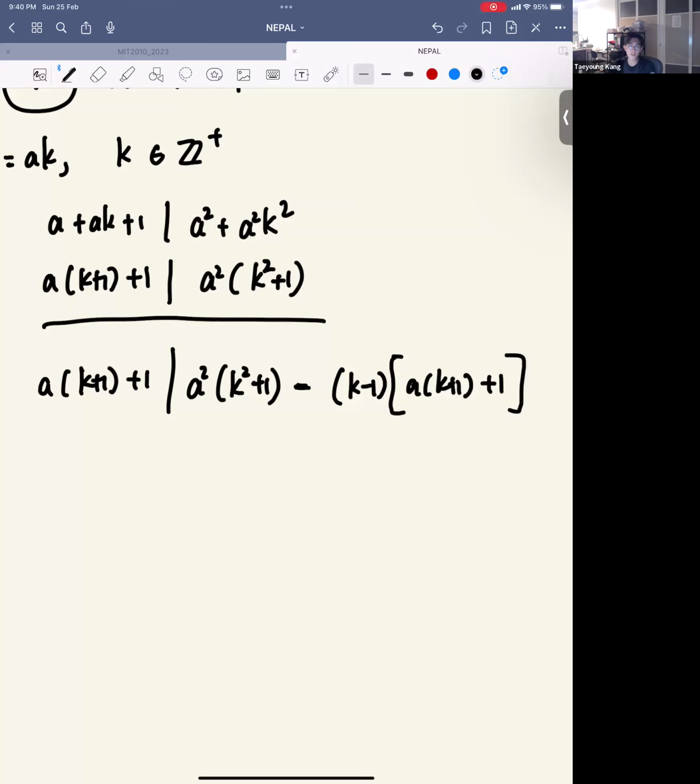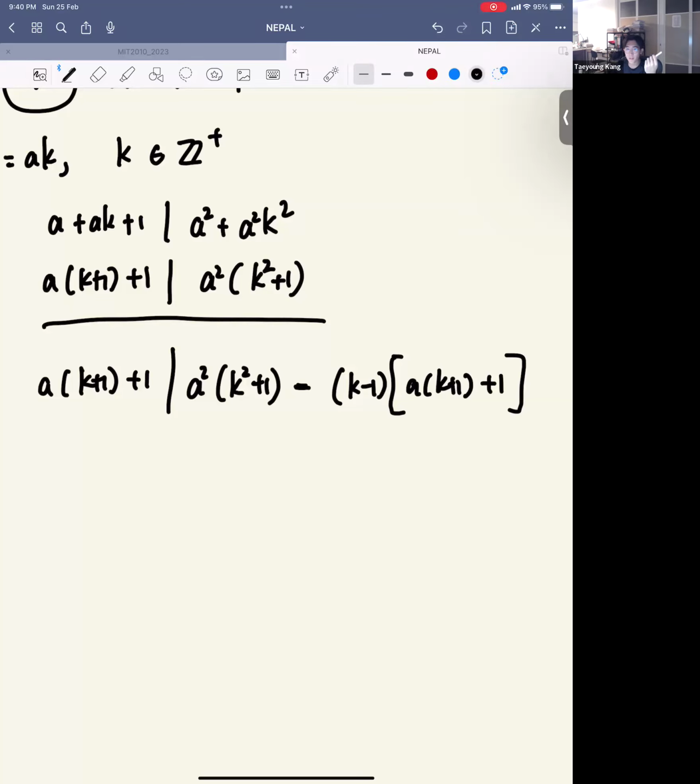Do you guys understand why this is true? This is because if the right-hand side is a multiple of the left-hand side, I can add or subtract as many copies of the left-hand side as I want, and the right-hand side will still be divisible by the left-hand side.